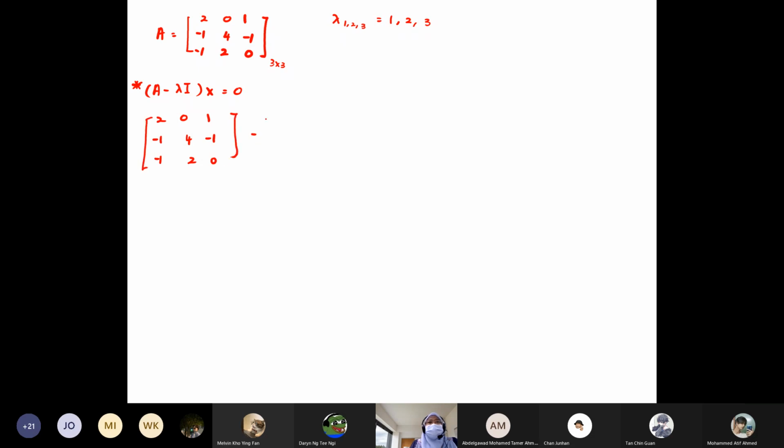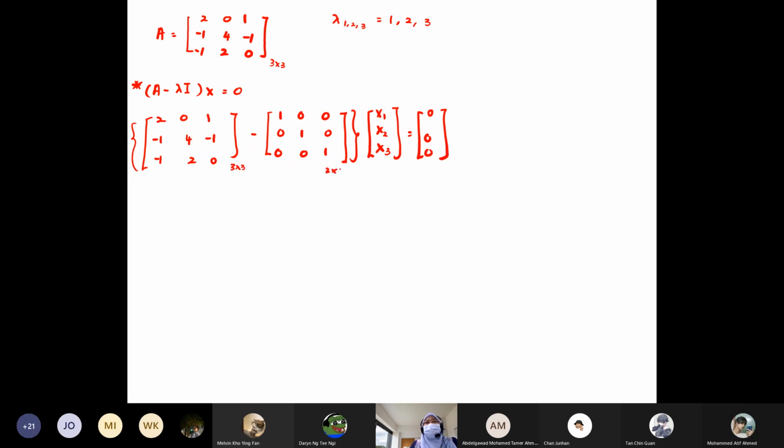Then minus lambda multiplied by the identity matrix for 3 by 3, which is 1, 0, 0, 0, 1, 0, and 0, 0, 1. Then multiply by x1, x2, and x3, equal to 0. This one is 3 by 3, and this one also is 3 by 3.